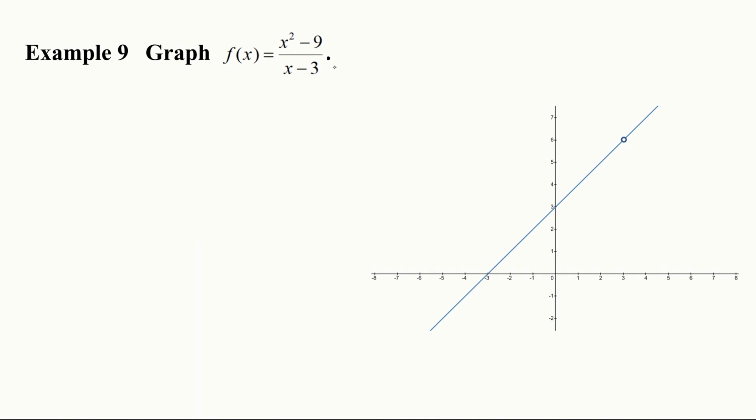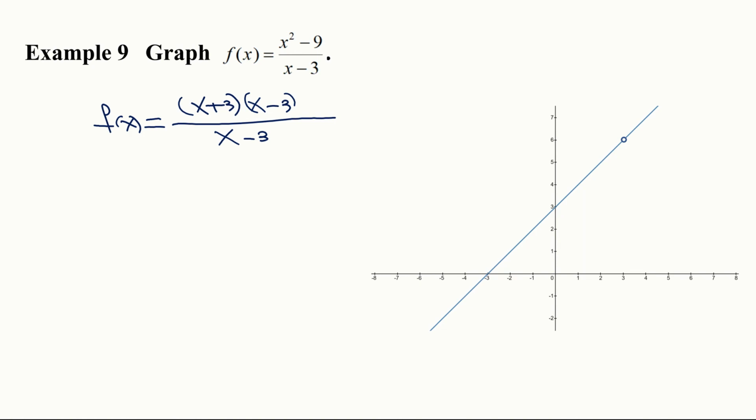So if we go ahead and factor the numerator, we notice that we end up with x plus 3 times x minus 3 over x minus 3. Now, in a regular algebra class, intermediate algebra or something, you look at that and you go, oh, I can cancel the x minus 3's and I just get x plus 3.